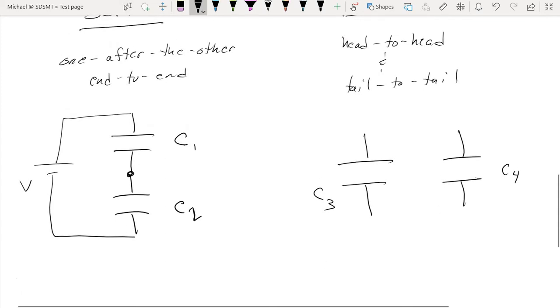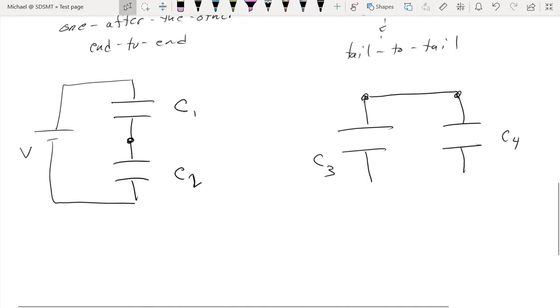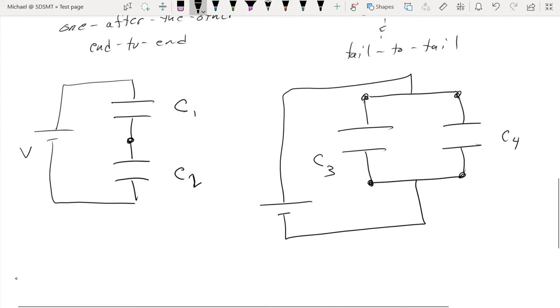And the heads of the capacitors need to be connected. So I'll put a wire between them. And the tails have to be connected. From there, we can then connect to a battery and see what happens.